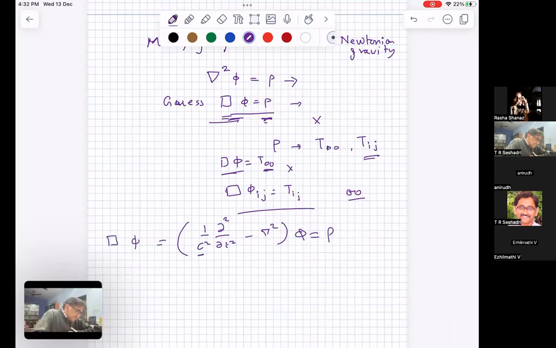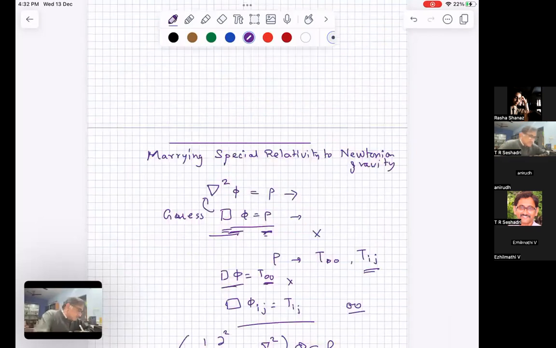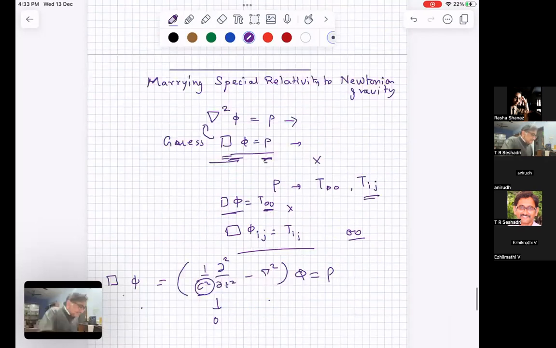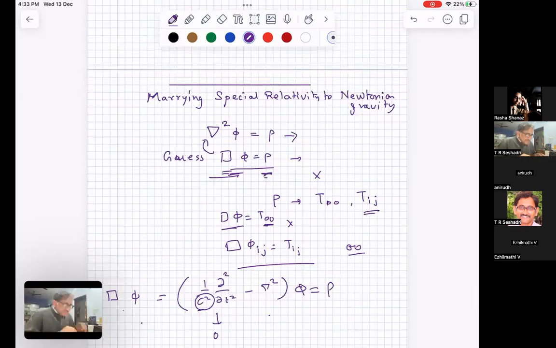In the limit of c going to infinity, this goes to 0 and box goes to del square, and I go back to this Poisson equation. Here I am not deriving something. I'm just sampling various things to see whether there can be some patchwork possible to connect all this.